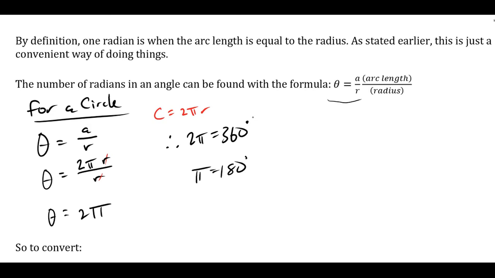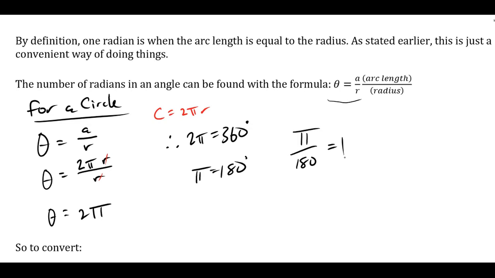Okay? And so then the other thing I can think of here is that pi divided by 180 is equal to 1. This is the thing, radians are unitless. It's just a ratio. So I can multiply it by anything or divide it by anything and do all kinds of great stuff with it.